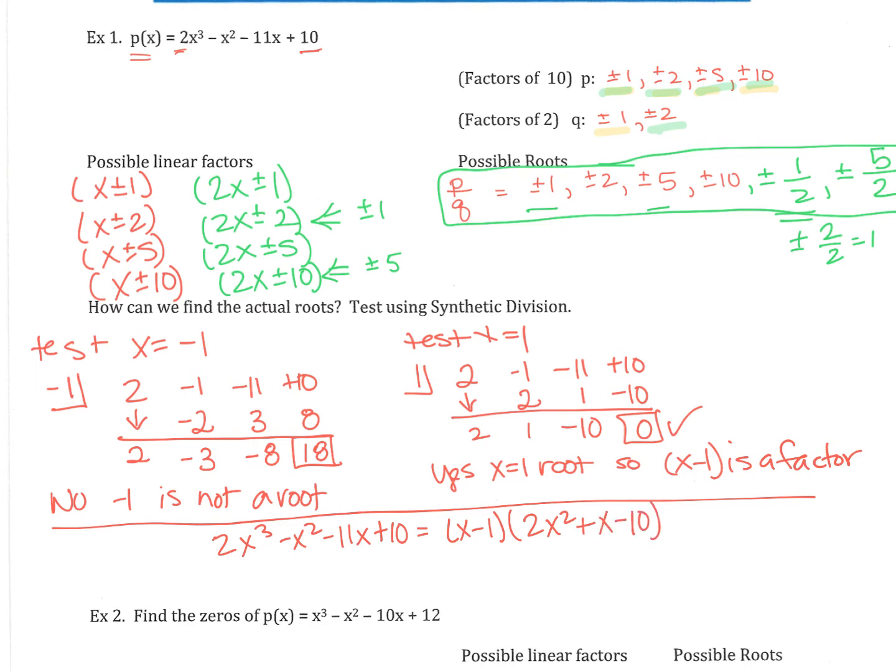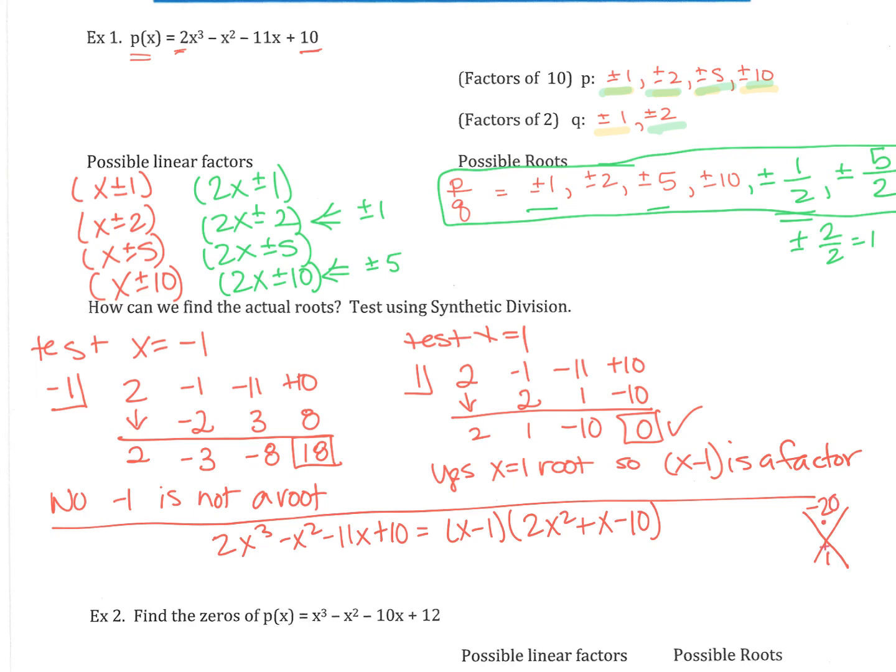Now, I'd like to see if the 2x squared plus 1x minus 10 happens to be something that I can continue to factor. And so if it can factor, then I can use my diamond method possibly. And so 2 times negative 10 would be negative 20. And my b is 1.